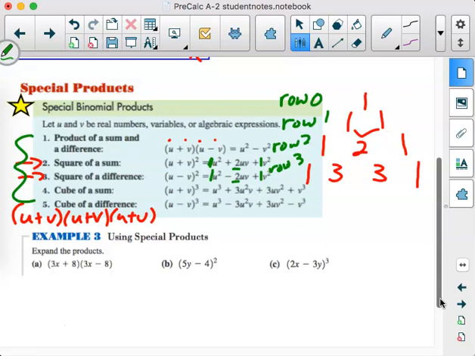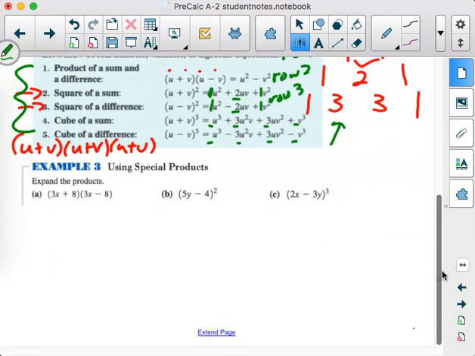And then we go down to cubed, which would be row 3 of his triangle, and we see 1, 3, 3, 1. So Pascal's triangle helps us when we get to binomials where we're cubing, raising to the 4th power, the 5th power, etc. It gives us a way to do that that is supposed to make it easier and definitely faster.